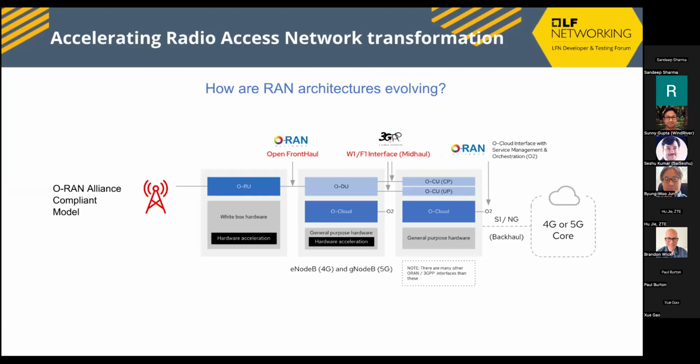So how is the RAN architecture evolving? The RAN architecture is driven towards a disaggregated and virtualized architecture, which will be able to run on open hardware and cloud. When I talk about disaggregated architecture, there are specific components being defined: the gNB, to be specific, the CU, DU and the radio unit.